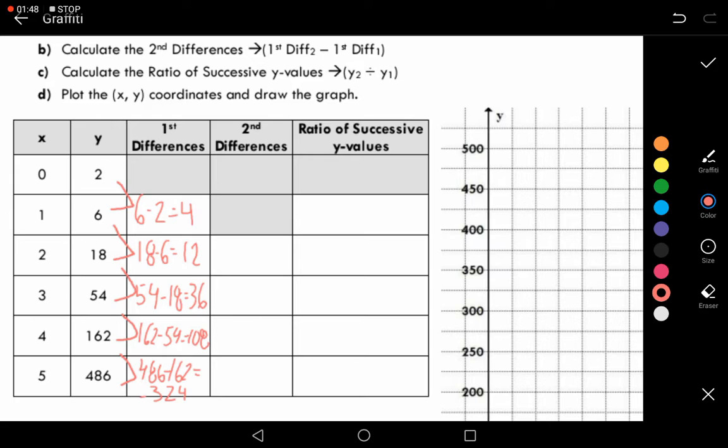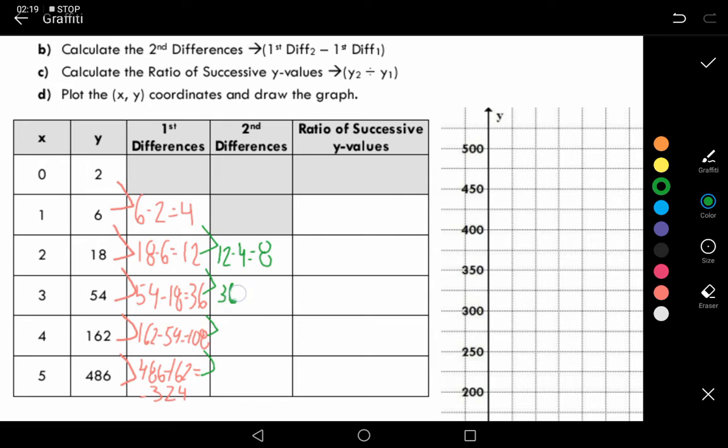Now we need to move on to calculate the second differences. And again, you should know how to do this because we did this in our quadratics unit. So again, we're taking first difference 2 minus first difference 1, 2 minus 1, 2 minus 1, and 2 minus 1. So we have 12 minus 4, which gives us 8.